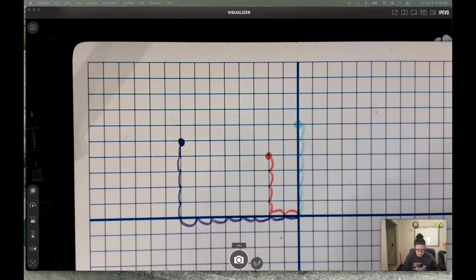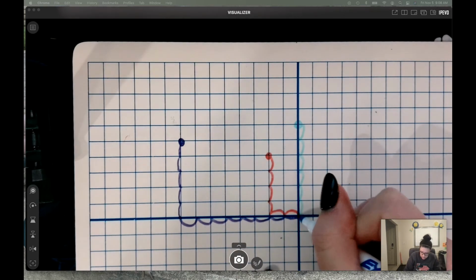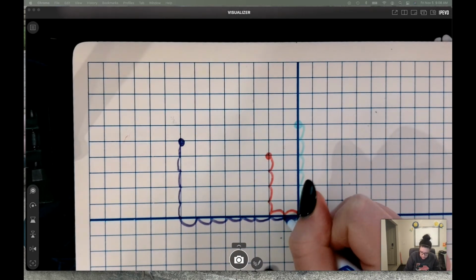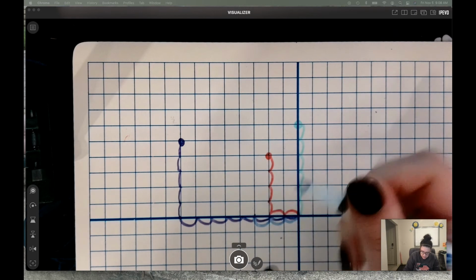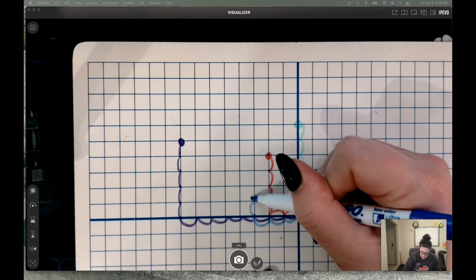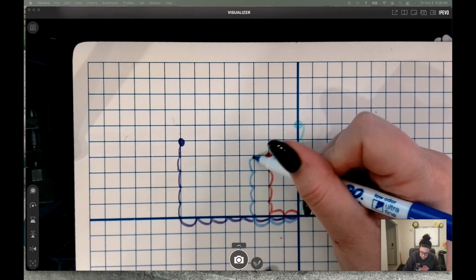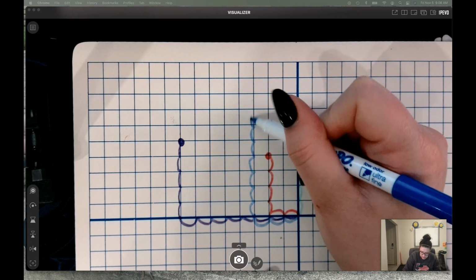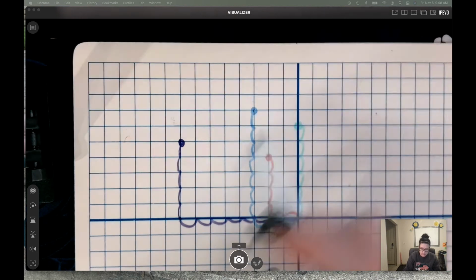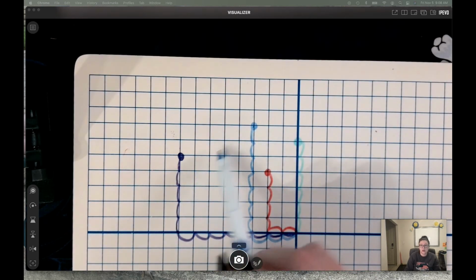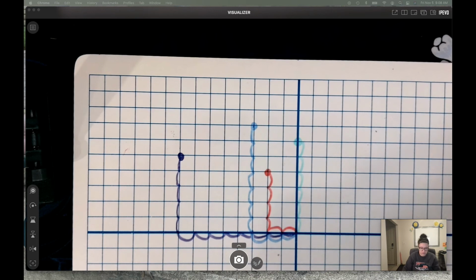And then the last one is -3, 7. So I go to the left, 1, 2, 3, and I go up 1, 2, 3, 4, 5, 6, 7. So these 3 points all go together, but that one doesn't belong.